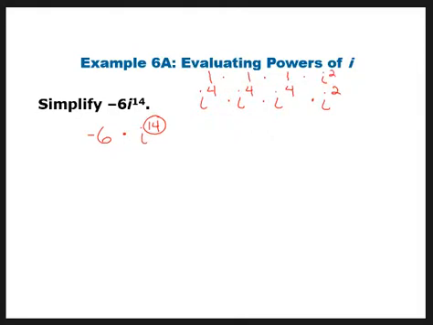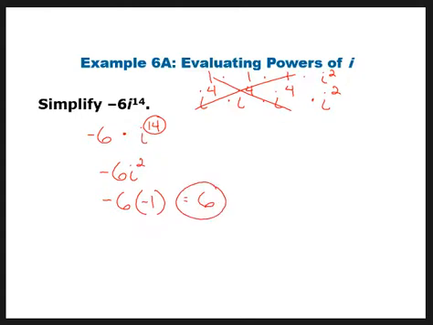So basically getting rid of those, I can almost think about what I have here as -6i squared, because all these 1's are just going to cancel each other out, or basically 1 times 1 times 1 just gives me 1. Alright, so if I have negative 6 times i squared, essentially I have negative 6 times negative 1, which gives me positive 6.